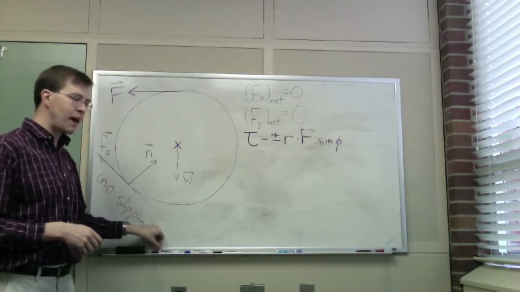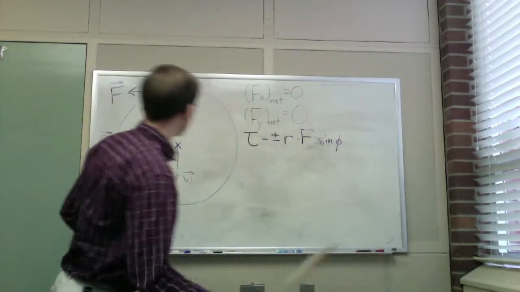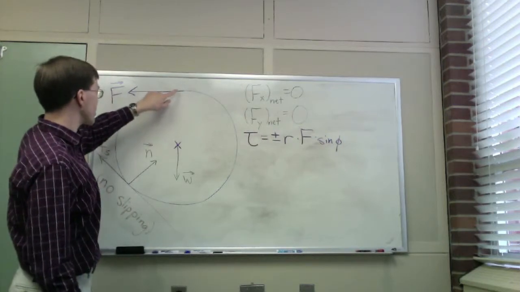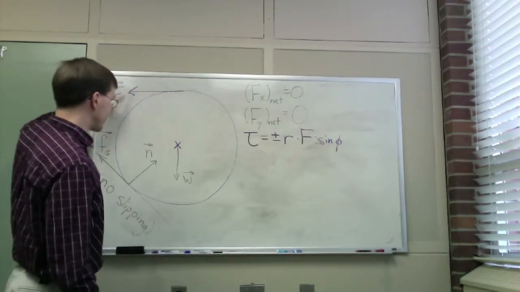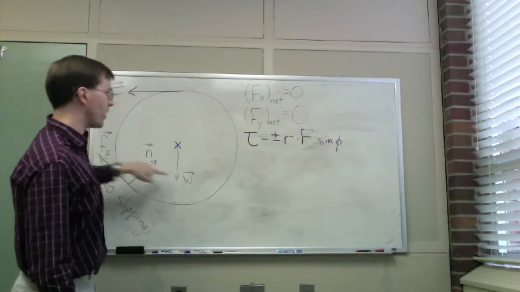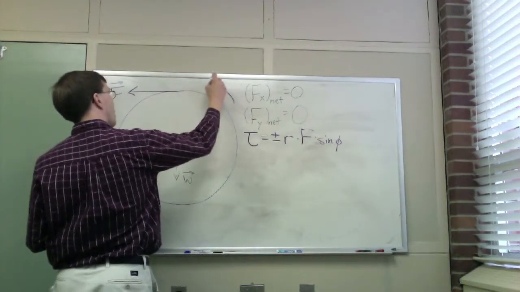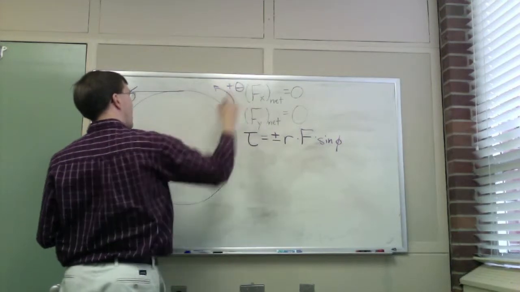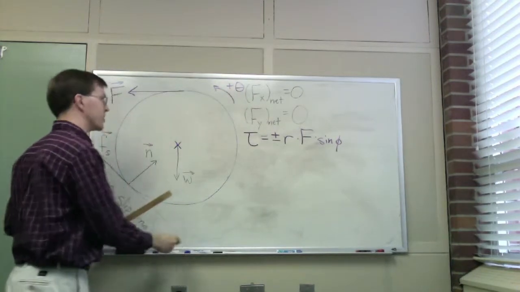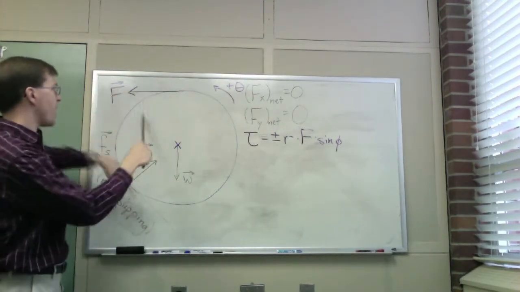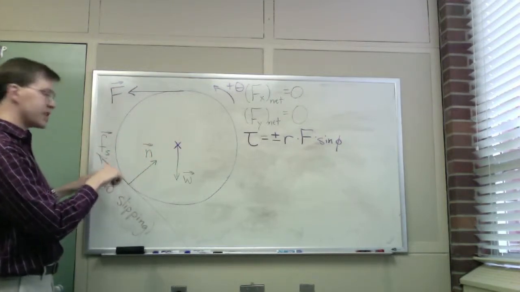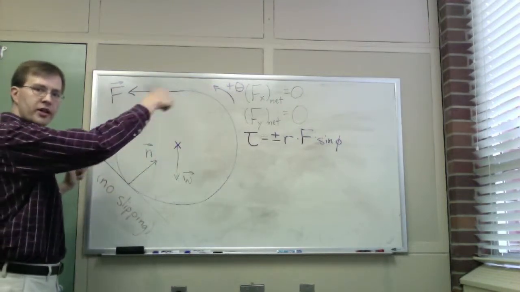In fact, it's even better than that. I can look at the other forces here. I know that this force by itself would create a rotation like this around my chosen pivot point. I'll call this direction, as usual, our plus theta, our positive angular direction. So this force would give me a positive torque. The static friction force would give me a negative torque around that central pivot point.